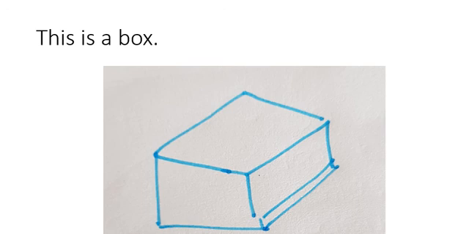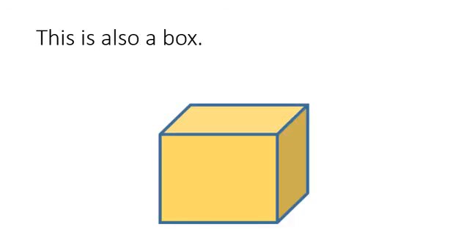Let's have a go with another one. Also a box that I have drawn, but this one obviously using software to support. So this is also a box. If I describe this box to you, and again, pay attention to the language I'm using. This box is a still 3D side shape representing a cube.